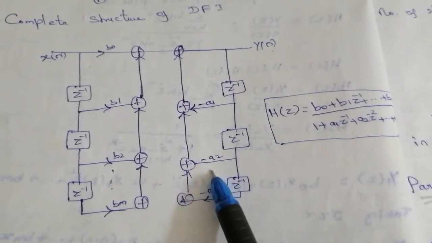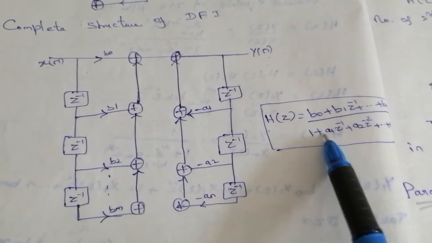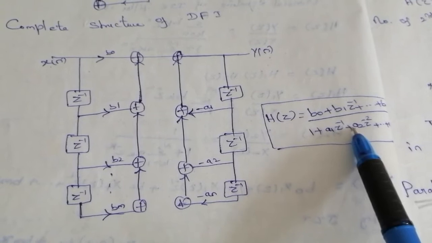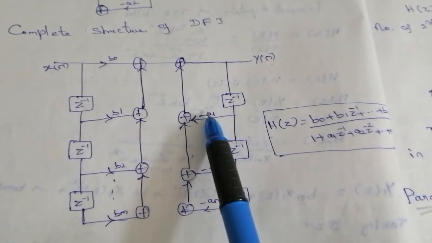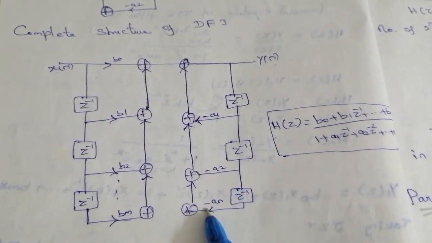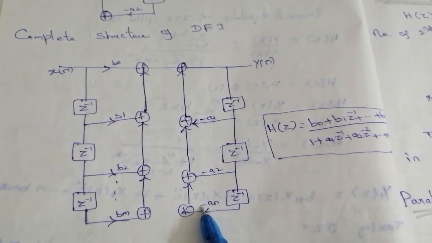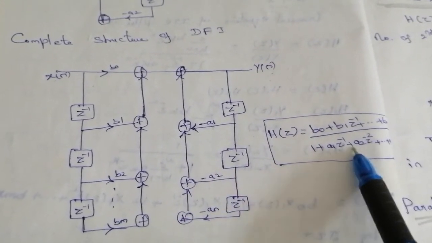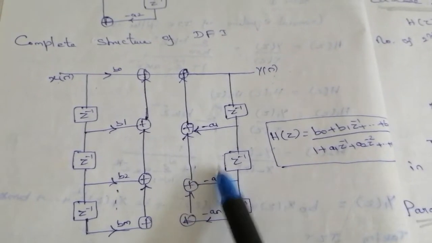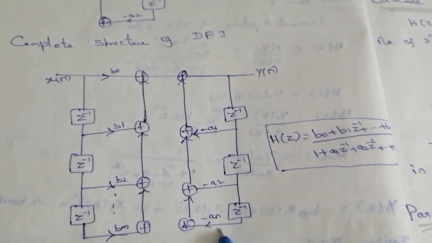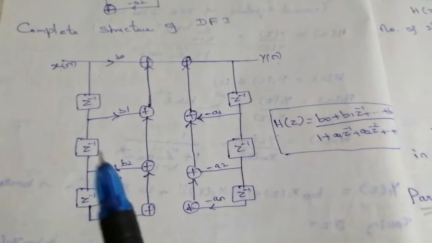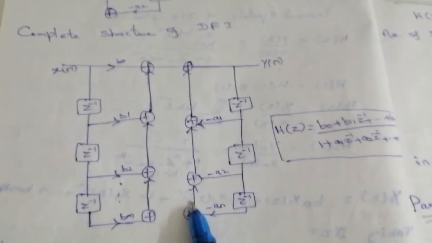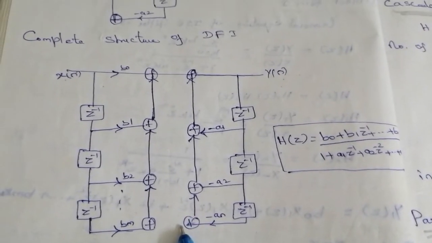But the condition is if the denominator term is in positive sign, we definitely use a negative sign here, right? Where in the case the denominator has, for example, 1 minus a1 z minus a2 z, we just simply draw the positive values. Okay, is it clear? So this is the direct form 1 structure.